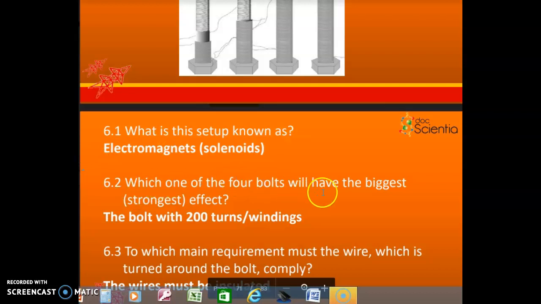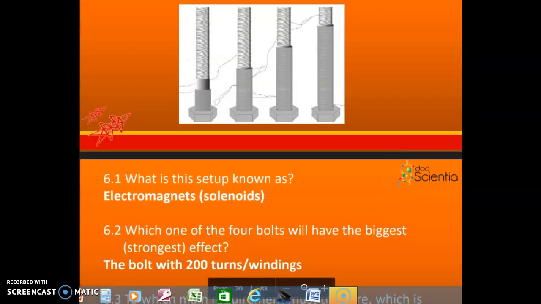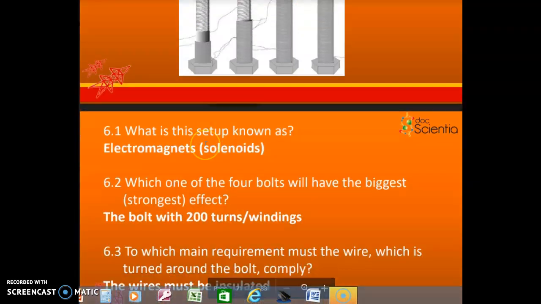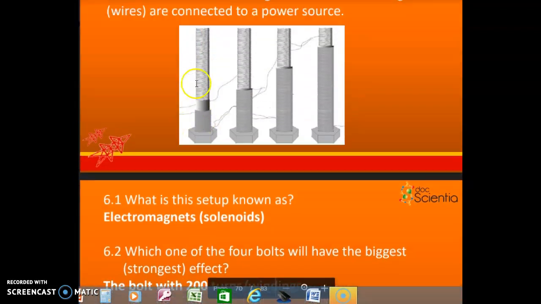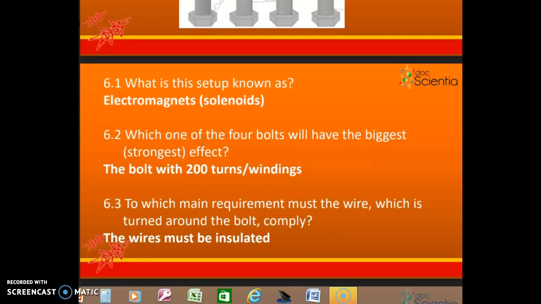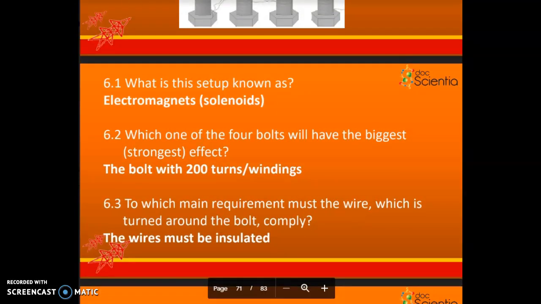Which one of the 4 bolts will have the strongest effect? The bolt with the most turns or windings, because that makes it stronger. To which main requirement must the wire, which is turned around the bolt, comply? They must be insulated.